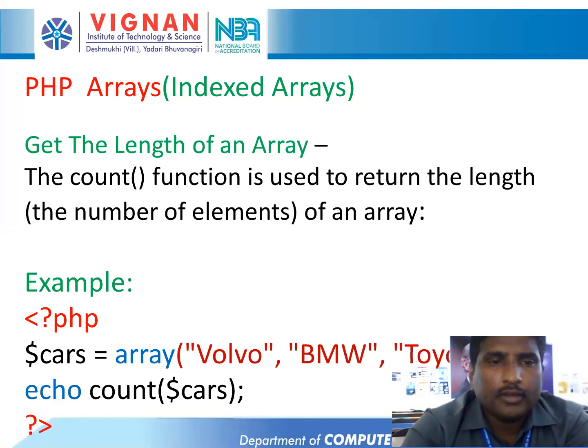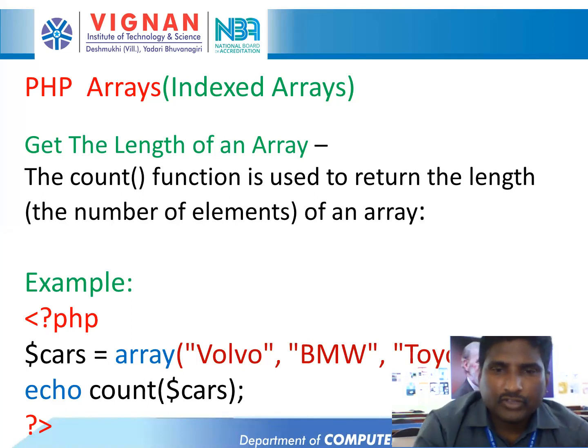Here, in order to know the length of the array, this is the snippet code for that. $cars array, which has 3 arguments. To know the length of the array, we are using the count function.